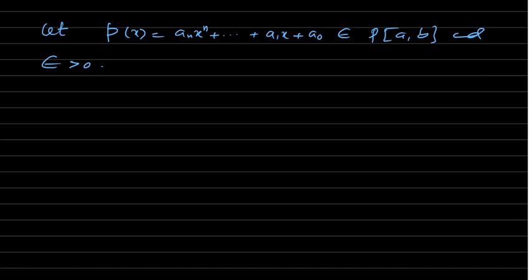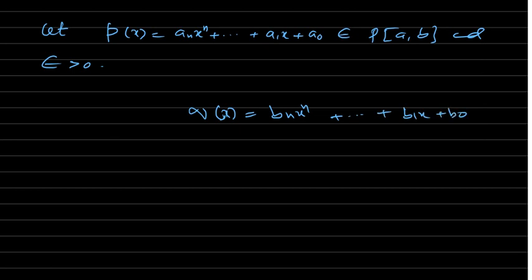Then these a_i are real numbers, so we can approximate them by rationals. Actually we have to prove that there should exist some q(x) with rational coefficients, say b_n x^n plus ... plus b_1 x plus b_0.